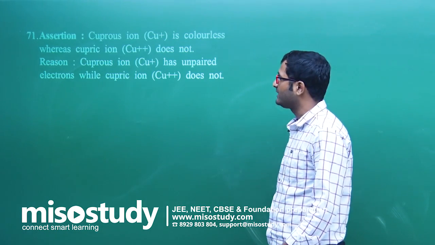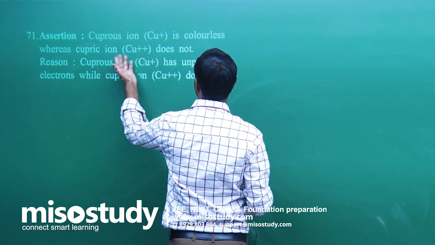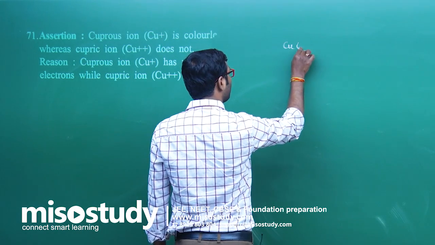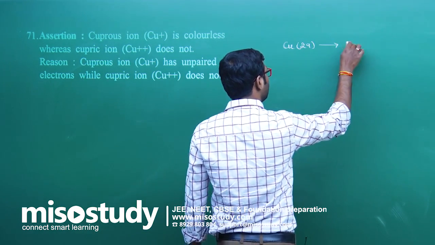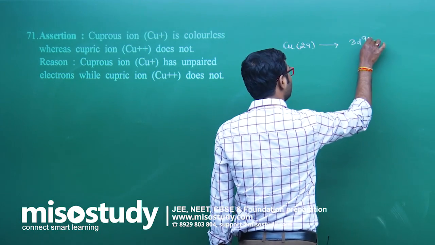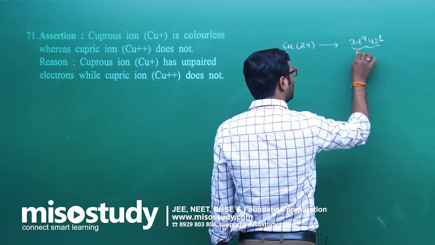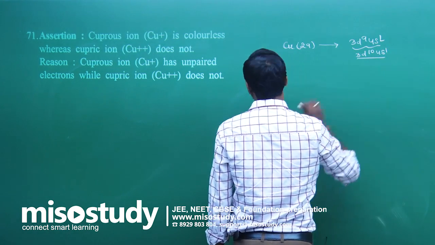Question number 71: cuprous ion is colorless whereas cupric ion is not. Cuprous ion: we know copper has atomic number 29. It can be written like this, 3d9 4s2, but the exact electronic configuration is 3d10 4s1.